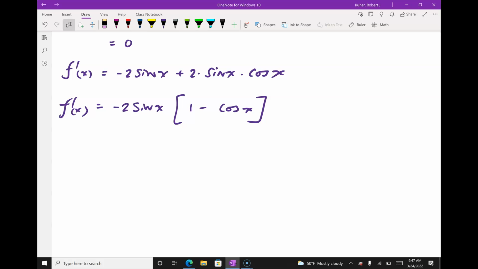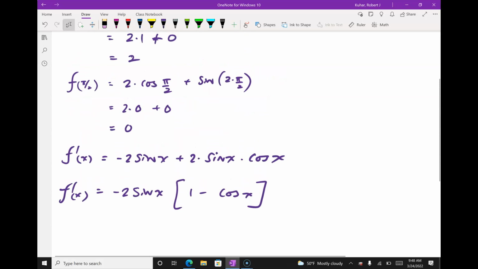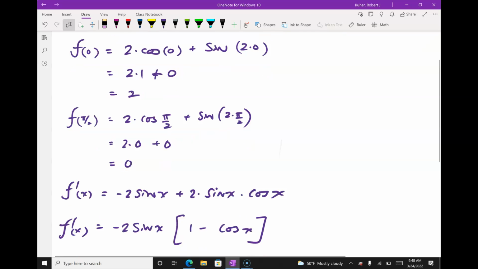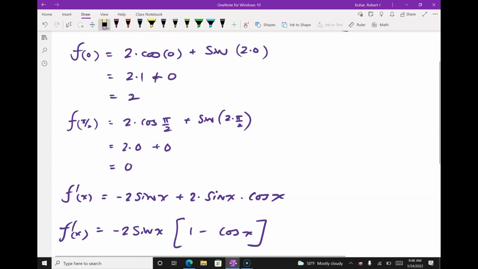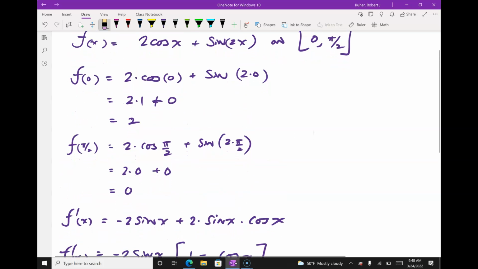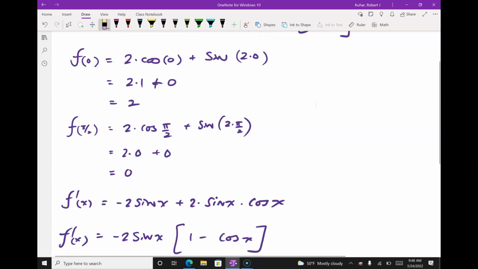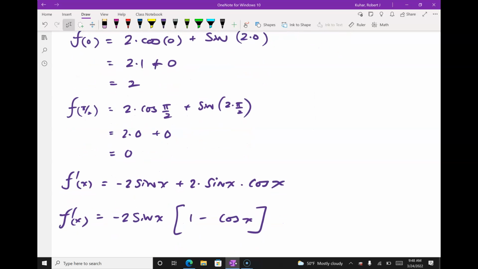So the derivative of 2 cos x is negative 2 sine x, right? The 2 comes for the ride, right? Then, oh, I made a mistake, didn't I? I'm wrong. The derivative of sine x is cos, so sine 2x is cos 2x.